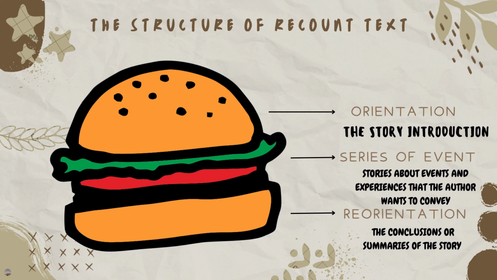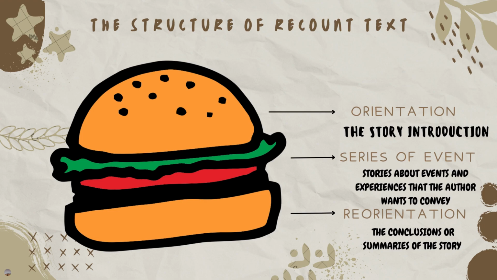And then the meat and also the vegetable parts, you can imagine that is the second structure. We can call it the event or series of events. This section is in the form of stories about events and experiences that the author wants to convey to the readers.